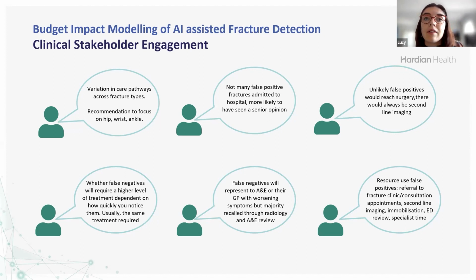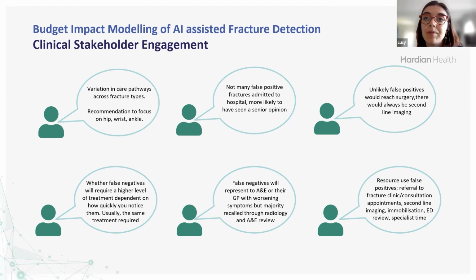And the KOLs said that yes, this does happen, but the time that you identify, or how quickly you identify these false negatives, really is going to impact the level of additional resource that the false negative patients are going to need.